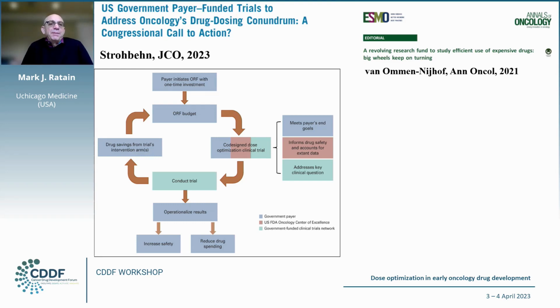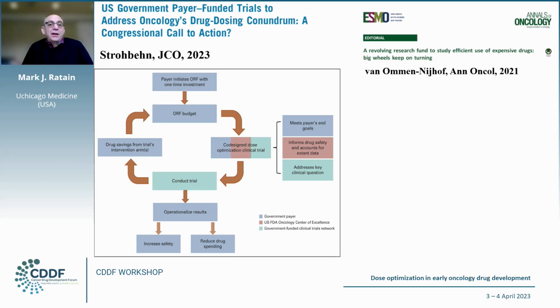We also recently published a paper in JCO, first author is Garth Strobin from the University of Michigan, basically outlining how this can be done. I would encourage you to take a look at the paper, but it basically suggests that the US government can conduct such trials at no cost.